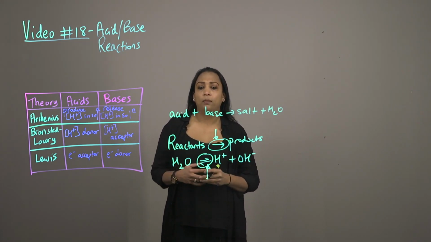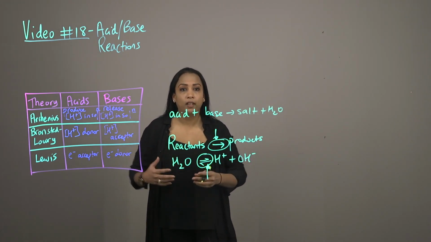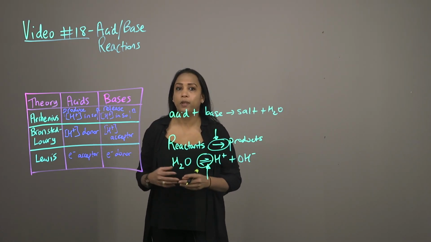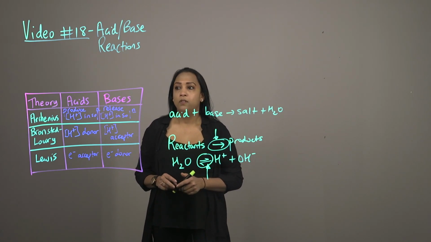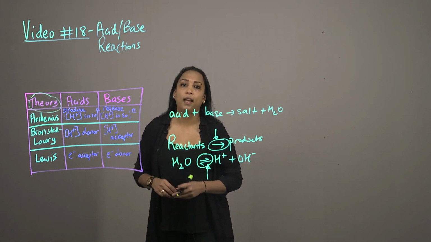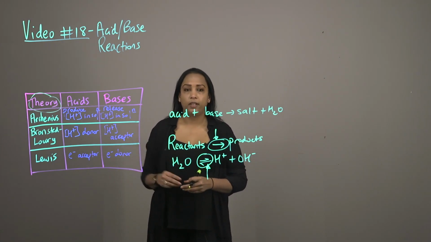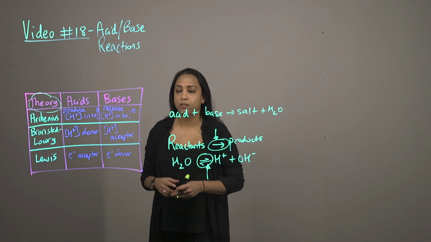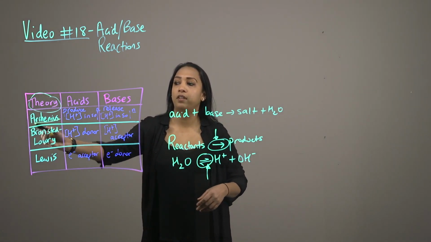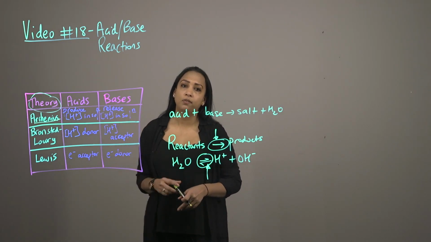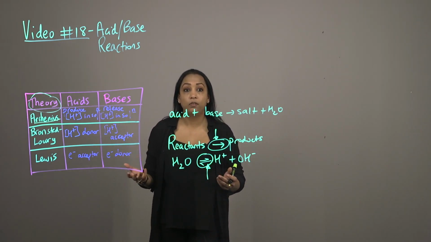We have various ways of defining acids and bases. This little table here indicates the different ways in which we can do this. So we have certain scientists that have come up with theories that define acids and bases in different ways. So the Arrhenius definition of an acid is that it is a substance that produces H+ ions in solution.